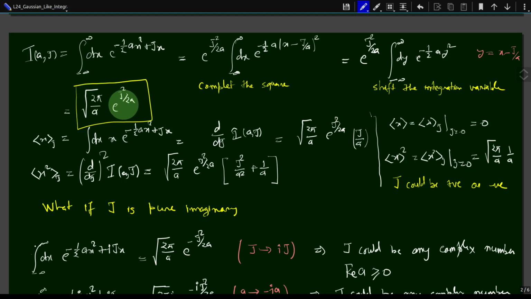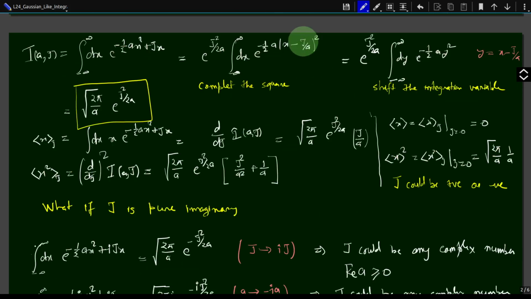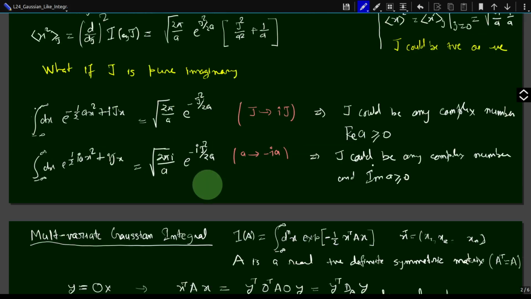Another important thing is that in fact j could be any complex number. It could even be pure imaginary, because nowhere did I have to make any assumption about j for this integral to be convergent. All I need is that the real part of a is greater than 0. So if one has an integral where the exponent is minus half a x square plus ijx, then all you have to do is replace j with ij in all the previous examples.